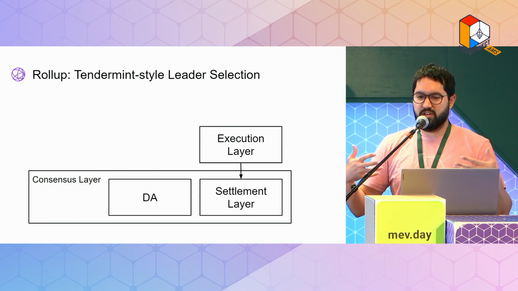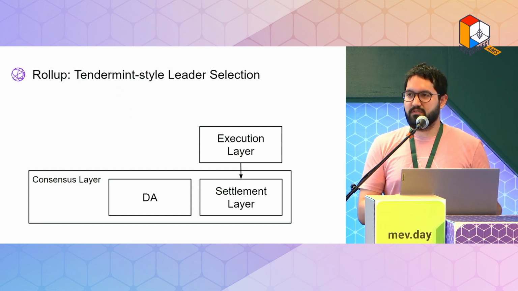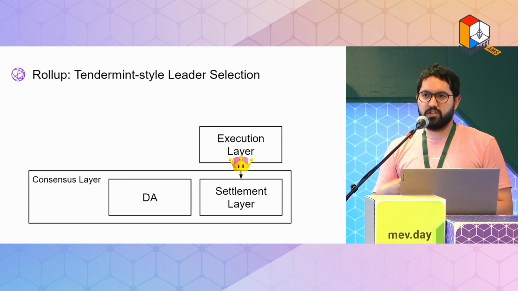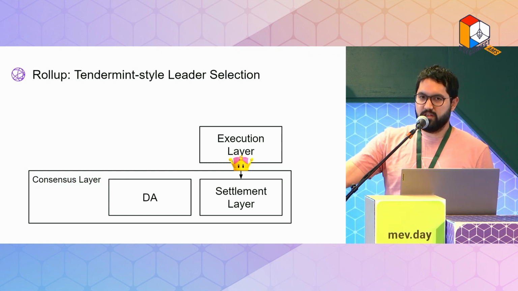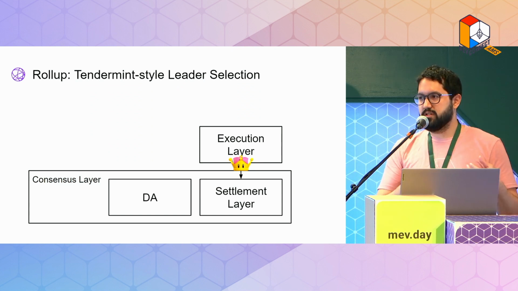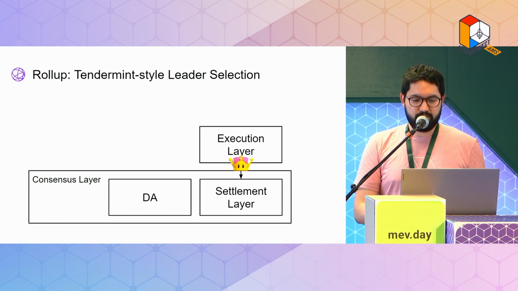They need to have stake, which is completely independent of their ability to reorder transactions. So in this case, the MEV would essentially be extractable in the execution layer, and it would be done through this Tendermint style leader selection process.